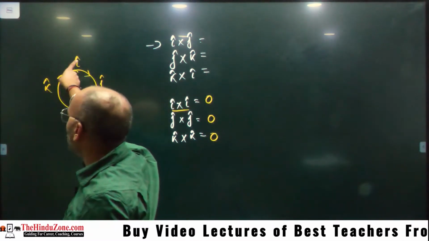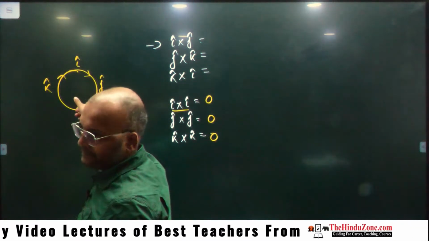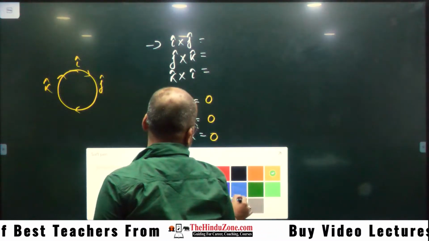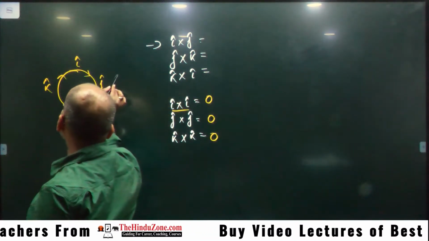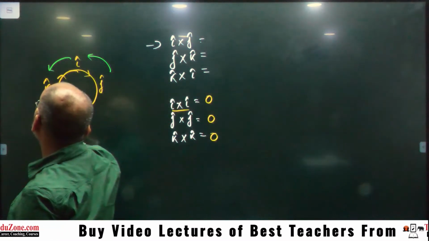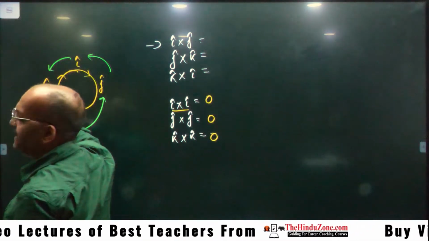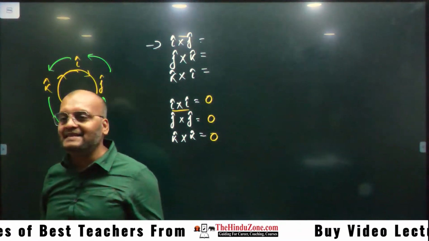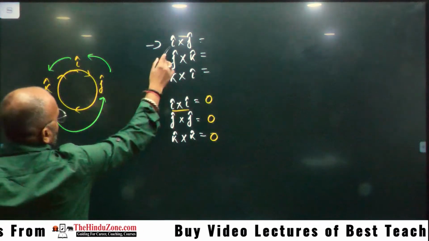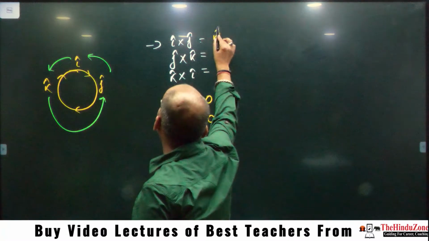If you are doing K cross I, again hide them, you will get J cap. And if you move in the anti-clockwise direction, that means like this, J cross I, you will get K cap, but it will be of minus sign.